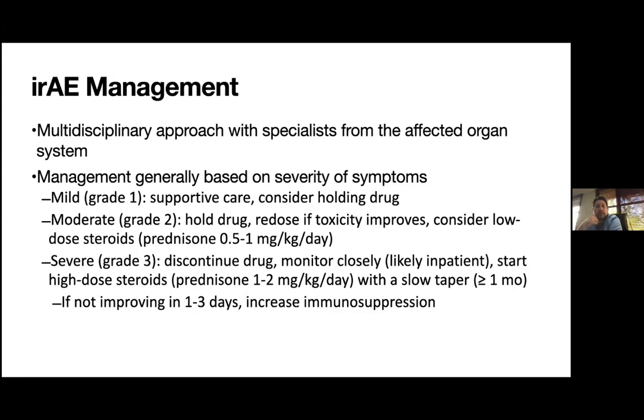Moderate symptoms would necessitate holding the drug and redosing if the toxicity improves. Once you start hitting grade 3, that's when you should consider initiating steroids with these patients. Grade 4 is considered to be life-threatening, and grade 5 is fatal adverse events.